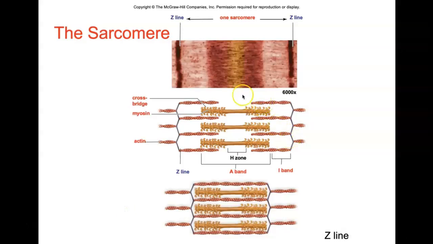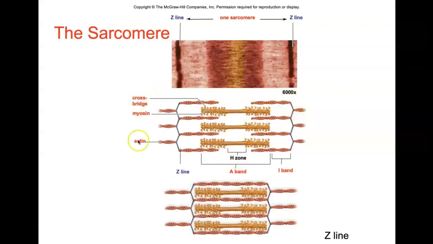If we compare these two images, the top or the middle one and the bottom one, what we're seeing here is that when muscle contracts, the goal is for the cross bridge of the myosin protein to attach to the actin, and the cross bridge of myosin actually pulls the actin protein to the middle of the sarcomere, and the H zone disappears.